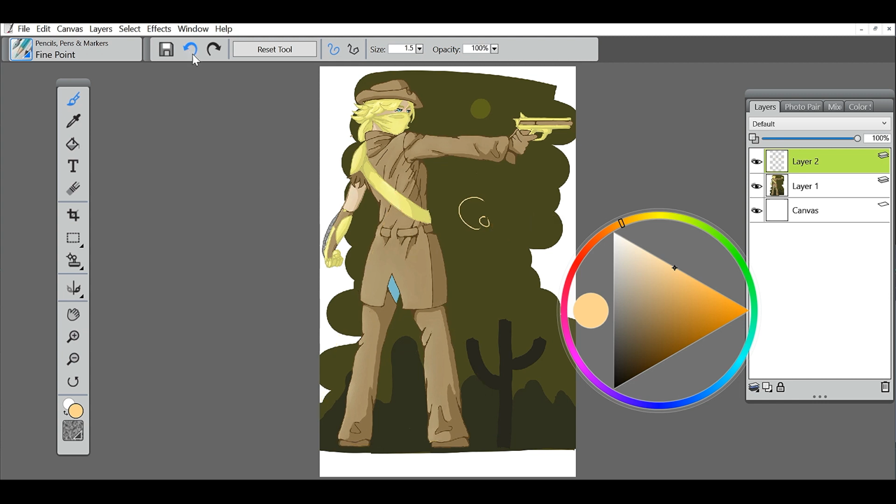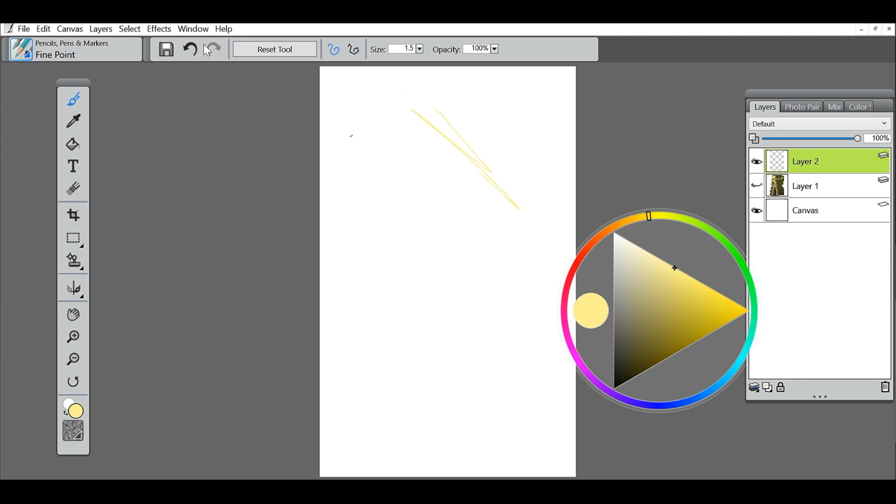Another thing you can do to bring attention to the face is draw the hair to be interesting. It can be an interesting shape or an interesting color. You can tell with Jane here I used bright yellow. People's eyes are drawn to bright colors and warm colors, so keep that in mind when you design characters.